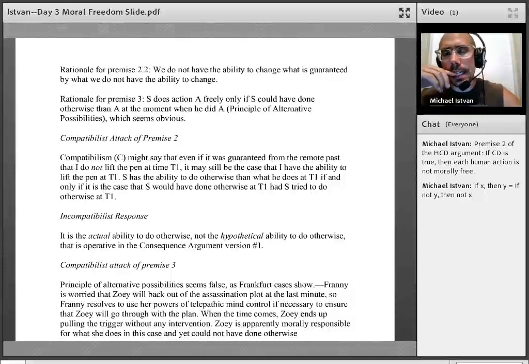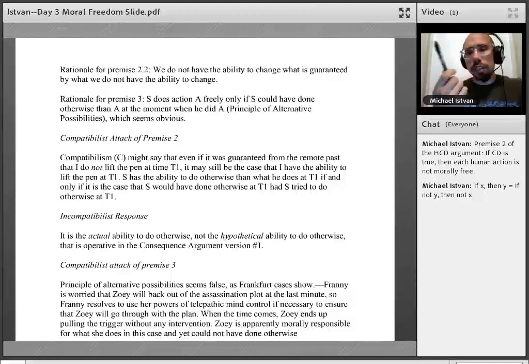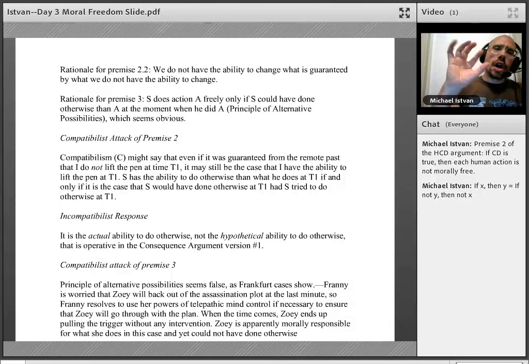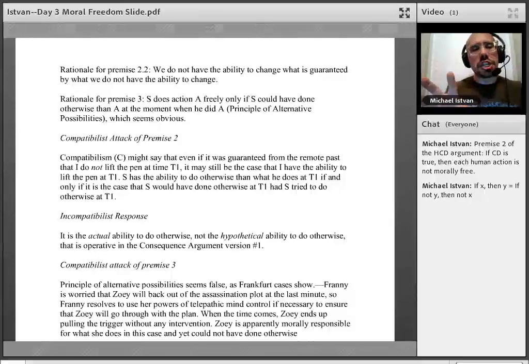Okay, well, no, I guess on the slide I'm using the example of the pen, so I'll do it that way. According to this compatibilist strategy, even if it was guaranteed from the remote past that S, Sam, Sarah, whoever, does not do action A at time 1, it may still be the case that S has the ability to do that action at time 1.